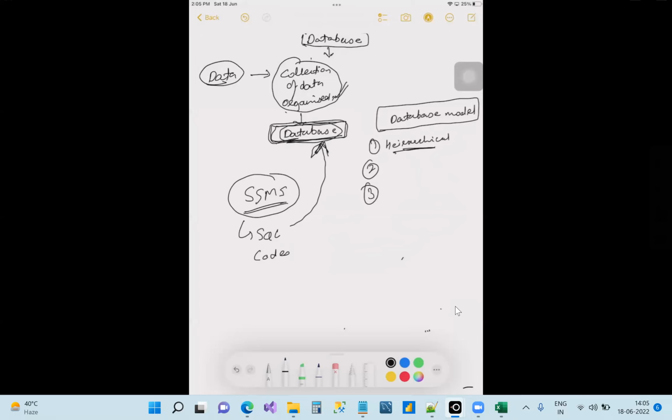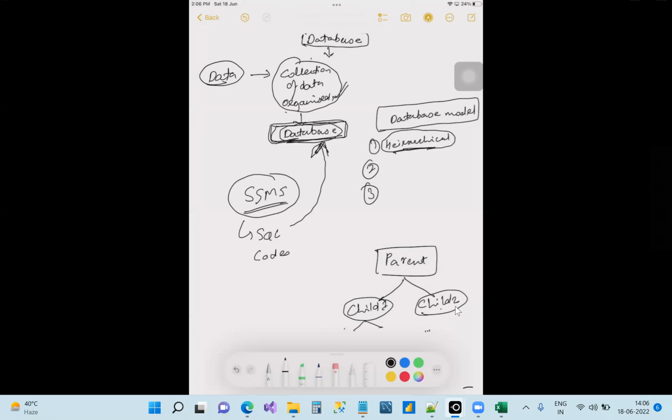So what do you understand by hierarchy? Can anyone tell me? Sequence. Like parent-child hierarchy, decision tree, one after the other. Someone said sequence, but it is not exactly correct. So I'll tell you. In hierarchy, suppose over here there is a parent, and then we have child 1, child 2.